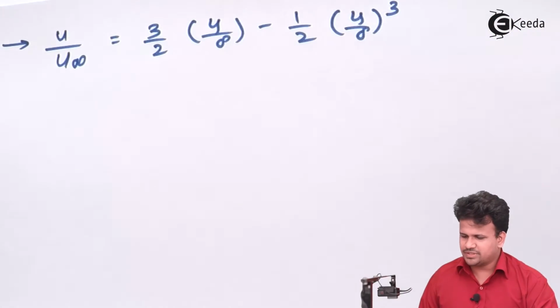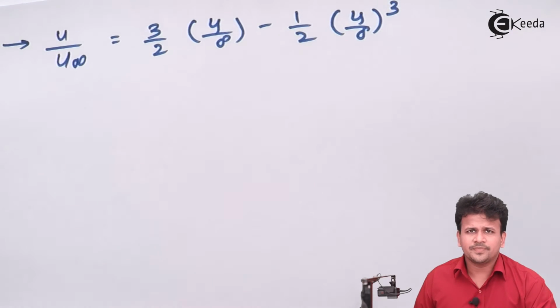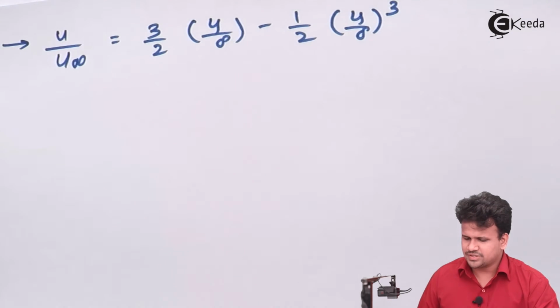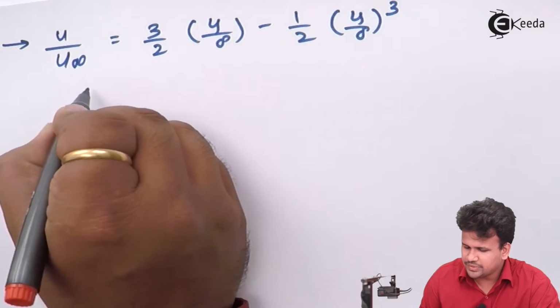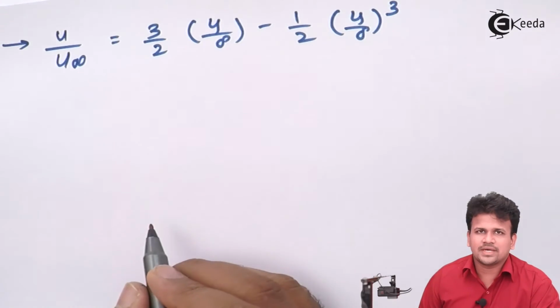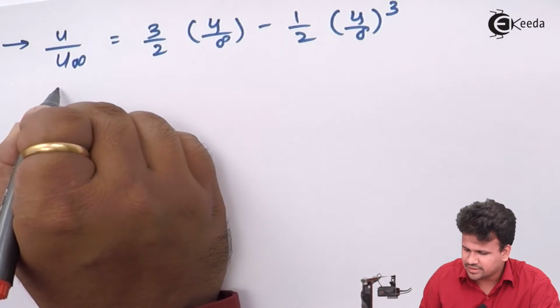So this is the equation which we have. Now for calculating the boundary layer thickness, first we need to apply von Karman's momentum integral equation.